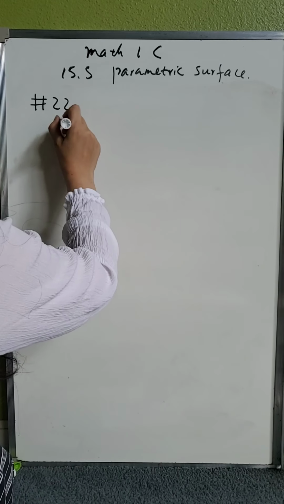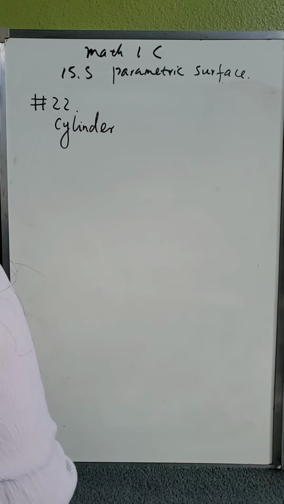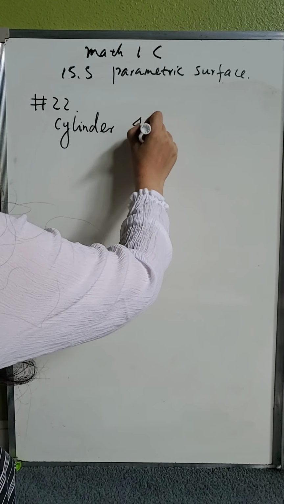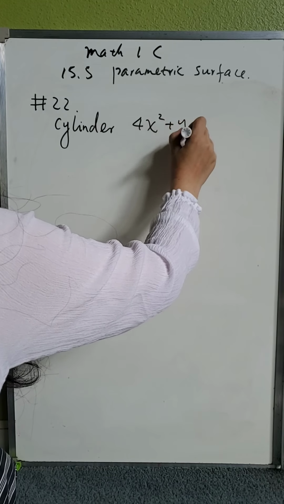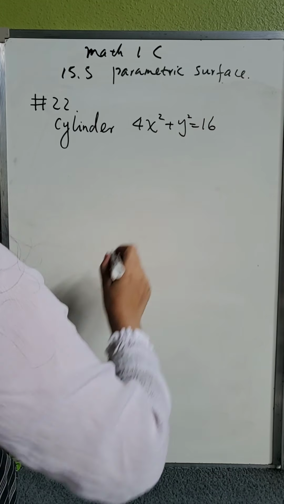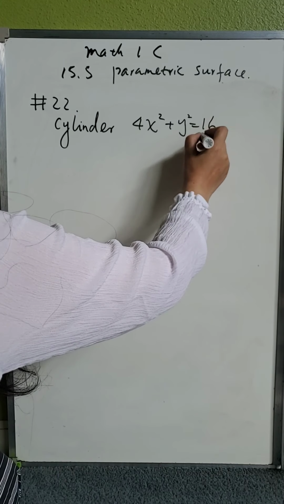Okay, they said parametrize a cylinder. This cylinder is made up of a cylinder surface, okay? 4x squared plus y squared equals 16. Well, divide this and make it to be 1 first.